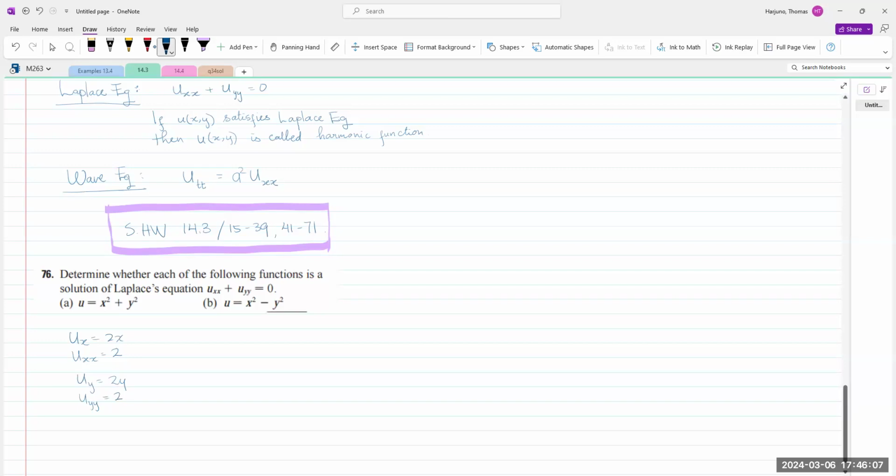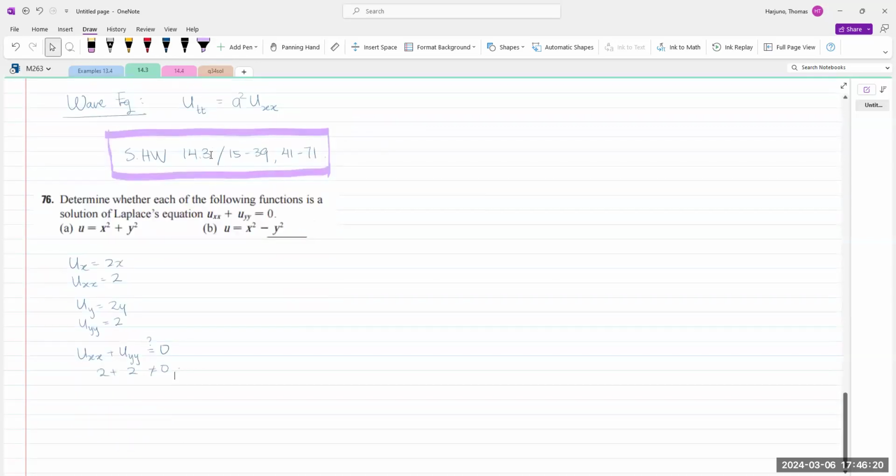Now, is u sub xx plus u sub yy equal to 0? I don't think so. So the function u, which is x squared plus y squared, does not satisfy the Laplace equation and therefore is not harmonic.